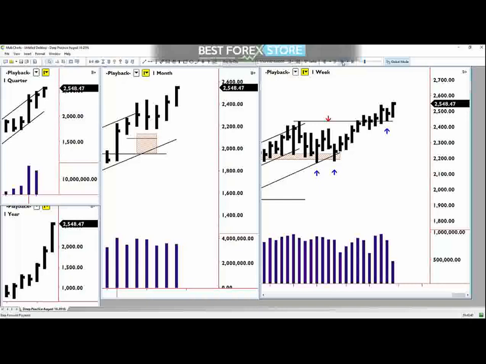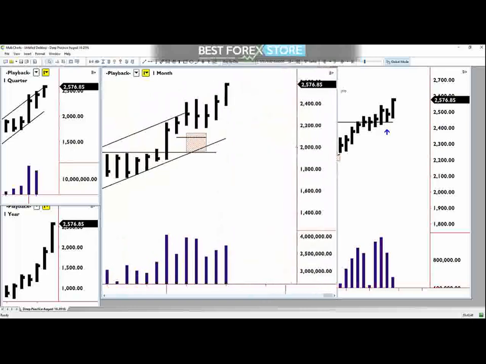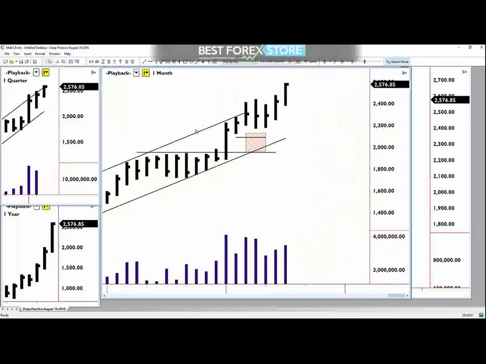Okay, so now we want to see this move up and away, right? Now, as we're moving up higher and breaking beyond this, what I would do is make another trend line in here and start putting that in.